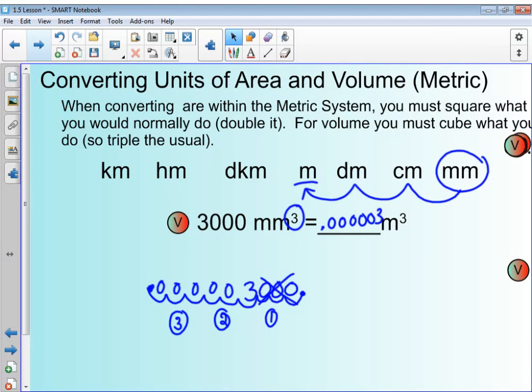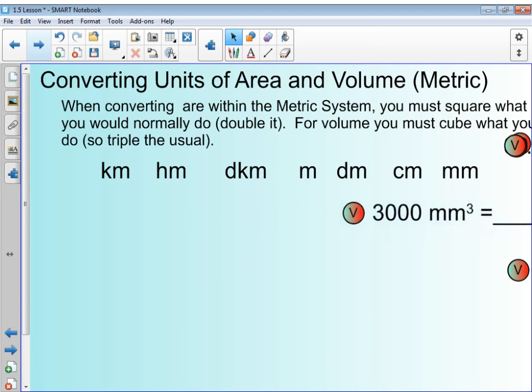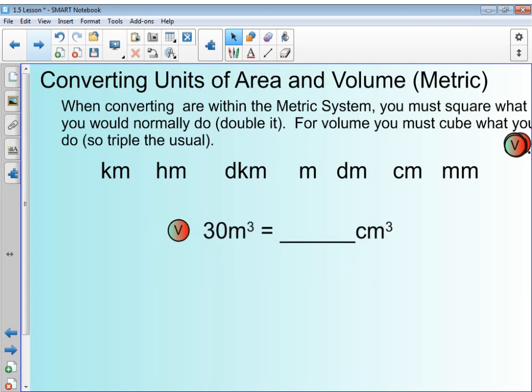Okay, so I'm going to pull one out here and have you guys try it. Remember that little exponent is a signal that you have to do something different when you're converting. Okay, so go ahead and work through 30 meters cubed to centimeters cubed. So here's your visual cue. Go ahead and pause your video, go through this one, and then check your answer in just a minute.